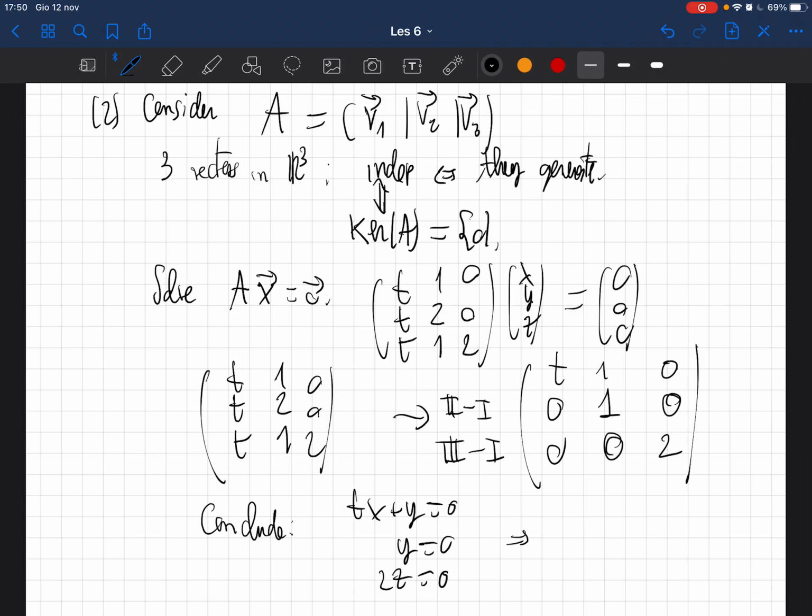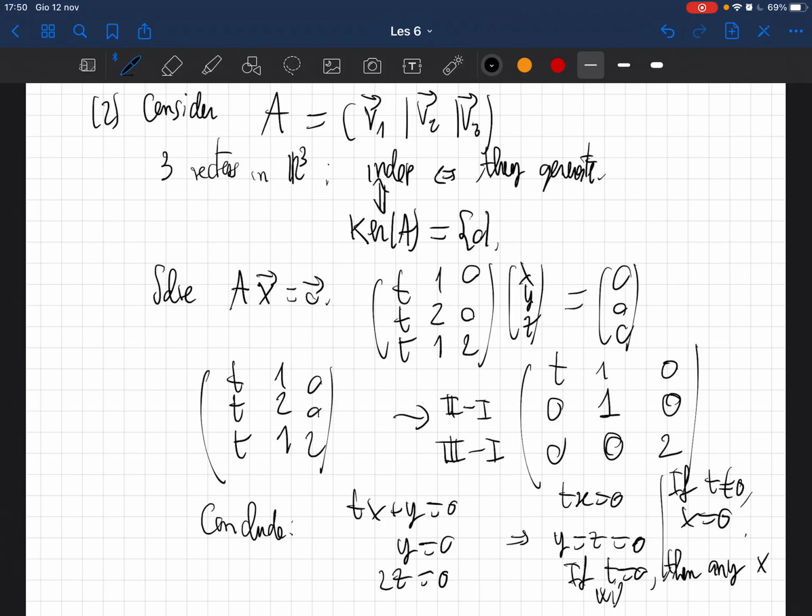So we deduce that y and z have to be equal to 0, and then you have that tx is equal to 0. So if t is different from 0, then x is again equal to 0, and if t is equal to 0, then you don't have any condition here, so any x will do.